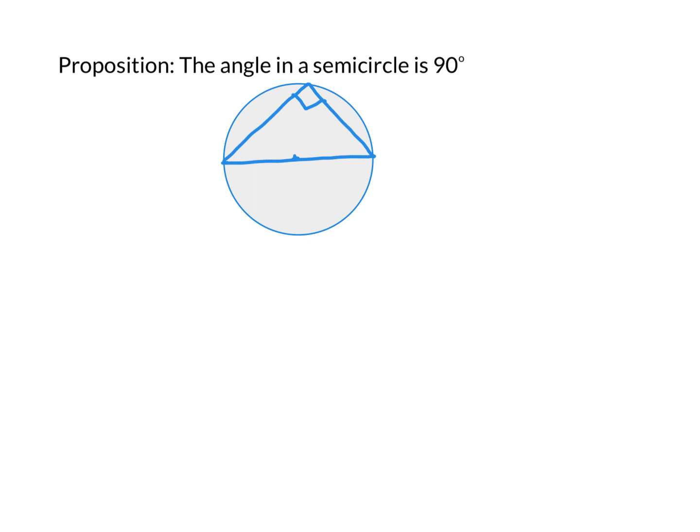So how are we going to do that? Well, just because I'm going to refer to certain angles, I'm going to call O the center of the circle, and I'll call this A, B, C. How am I going to prove that this angle here is 90 degrees? Well, proofs often require some ingenuity. And the ingenuity here, we're going to divide this into 2 triangles.